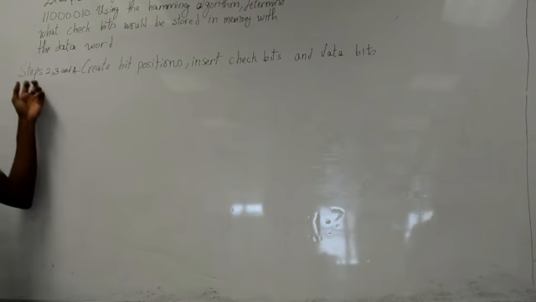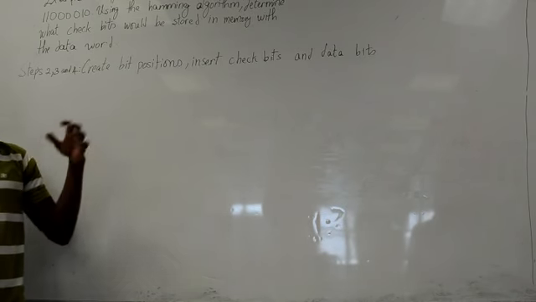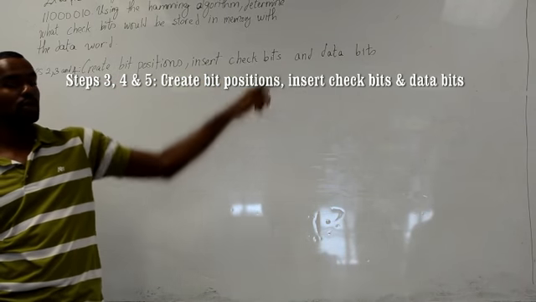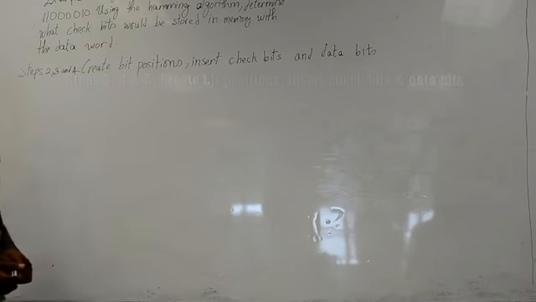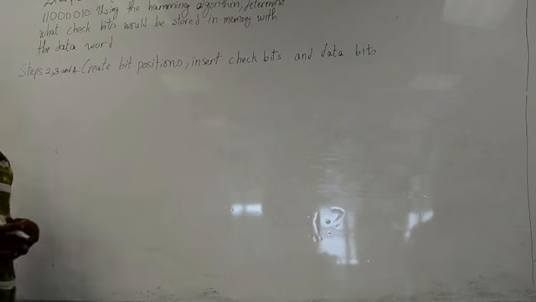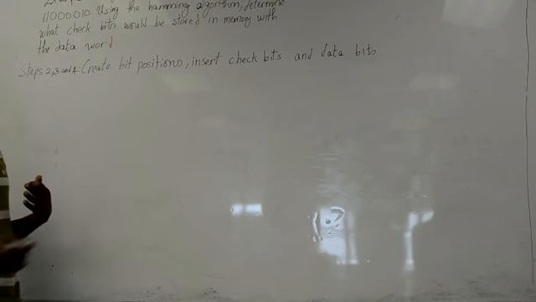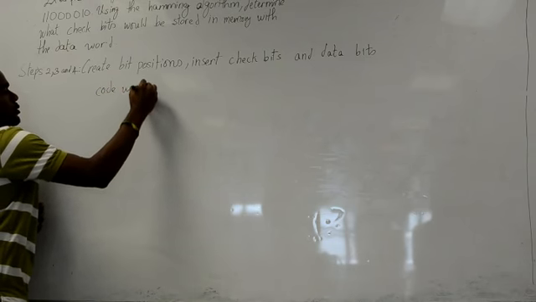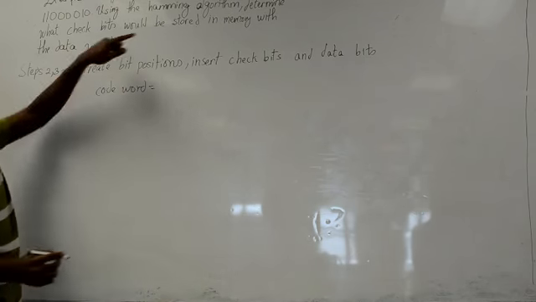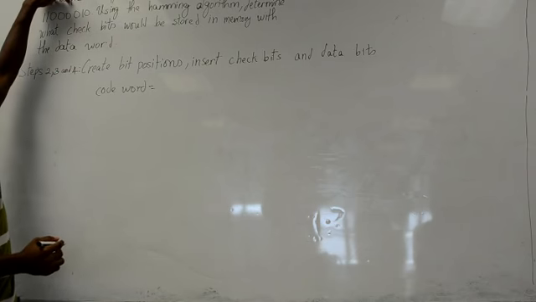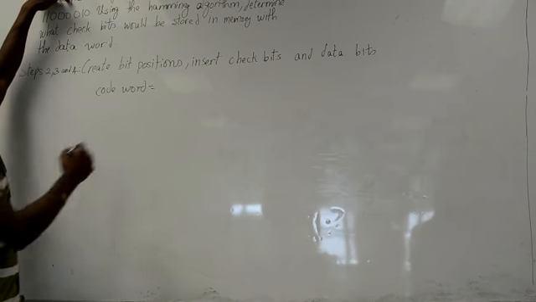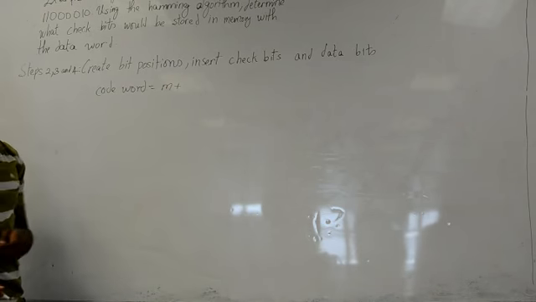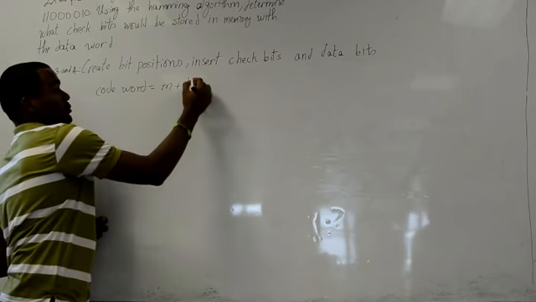Alright, so we're going to do steps 2, 3, and 4, and in these steps we're going to create the bit positions, insert check bits, and data bits. Now, first we need to know how long our code word is going to be. And to determine this, we're going to say that the code word must be equal to the m bits in the stored word plus the k bits that we're going to use as our check bits.